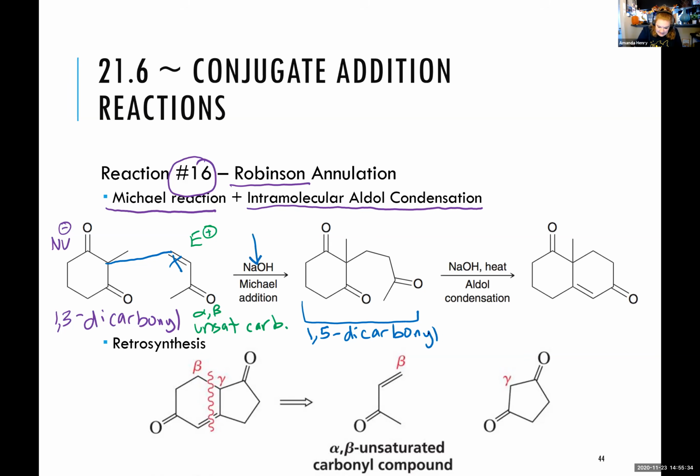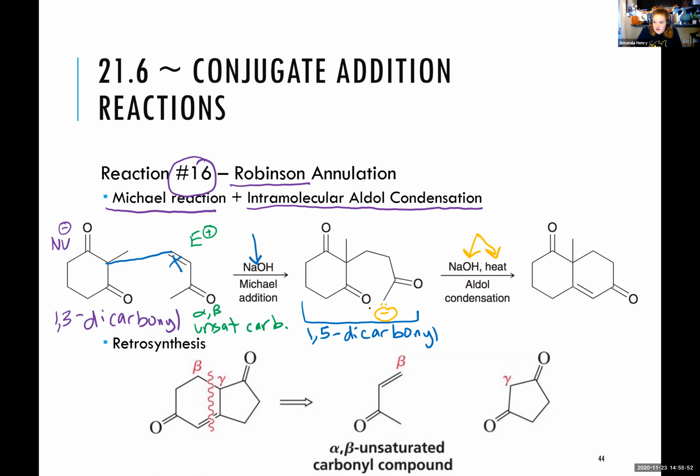Then in the second half, we're going to do the intramolecular aldol condensation. So we still have base, we have some heat in there to help the reaction. That base is going to take off this alpha hydrogen.